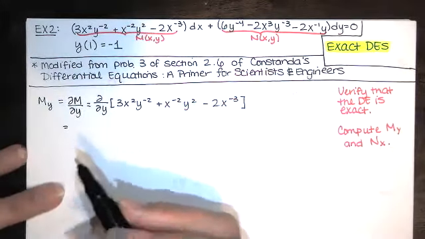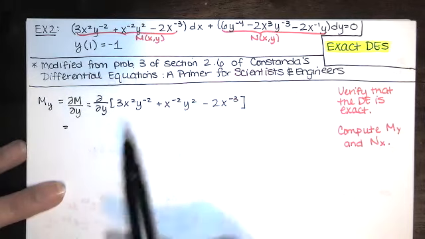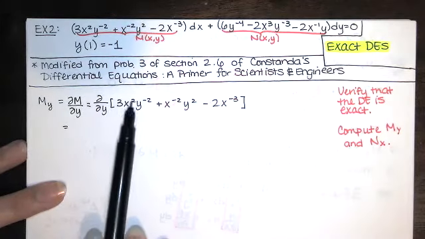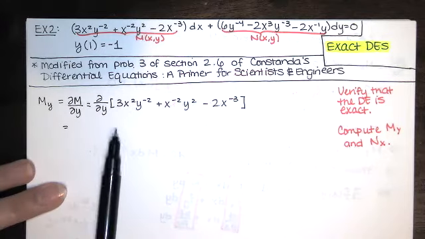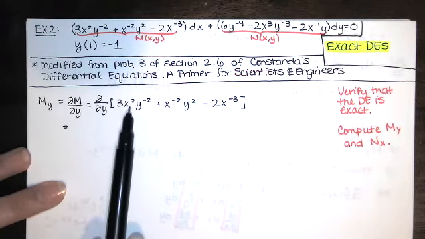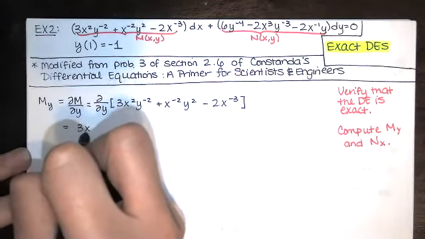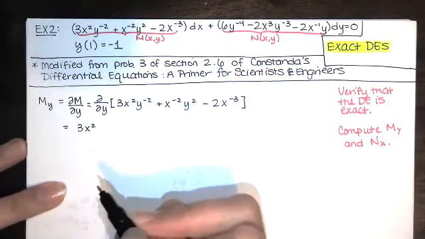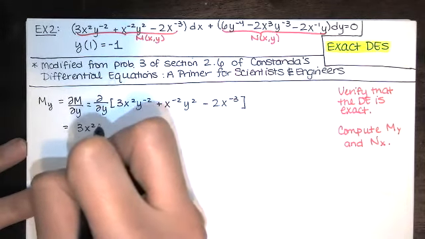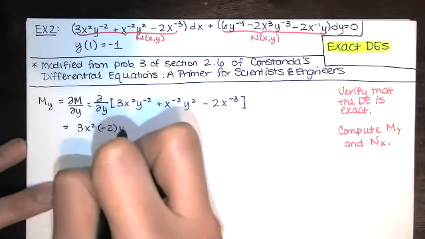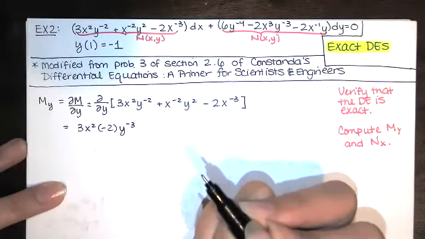And the derivative of this with respect to y is pretty straightforward. You want to treat all the x's like constants, and you're differentiating with respect to y. So this 3x squared is a constant. So it's a constant times y to the negative 2. So I can bring my constant down and then multiply by the derivative of y to the negative 2. We just use the power rule to bring the power down, multiply by y to the one less power.